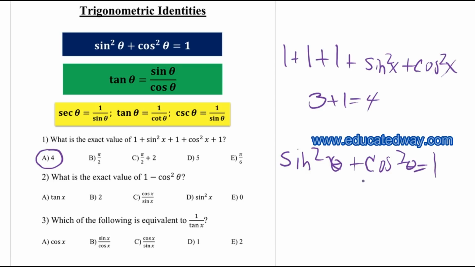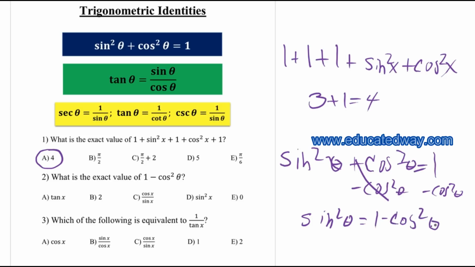Well, if we subtract cosine squared theta from both sides, we get sine squared theta, that cancels, equals 1 minus cosine squared theta. And look at our answer. 1 minus cosine squared theta equals sine squared theta. Answer choice D.